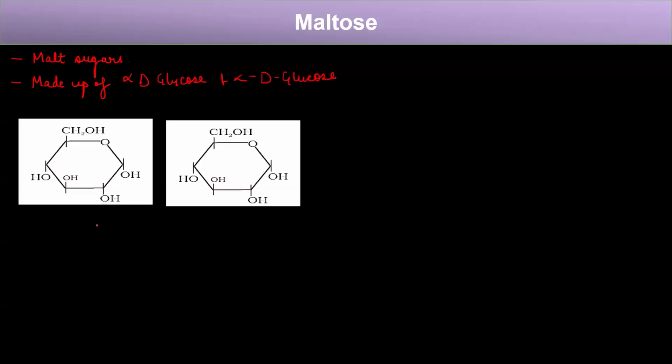So the structure that we are seeing here is alpha D glucose, and the second is also alpha D glucose. Okay. Now, when the bond formation takes place, how will it look? The structure will look something like this.